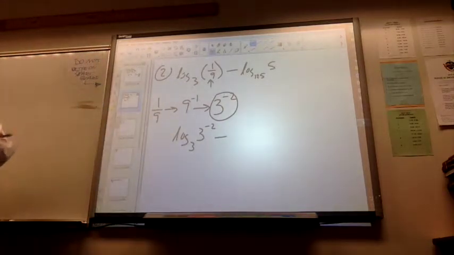So let's think about this log base 125 of 5. Any thoughts? Ooh, you are so close. 125 to the 1/3. Do you see why it's not negative 3, it's 1/3?